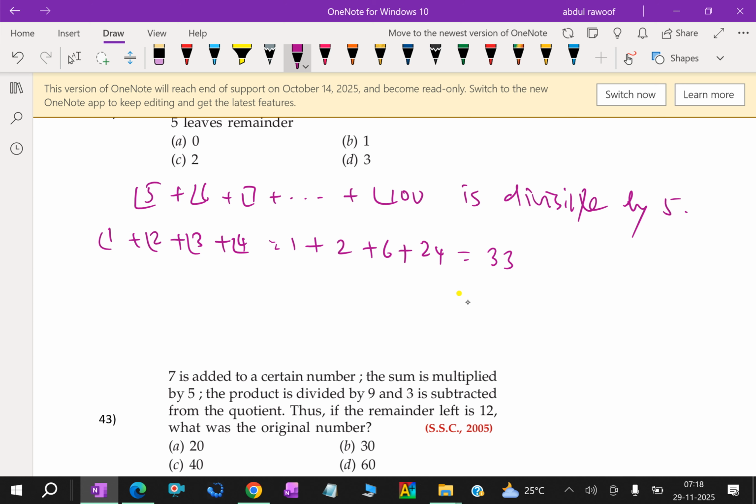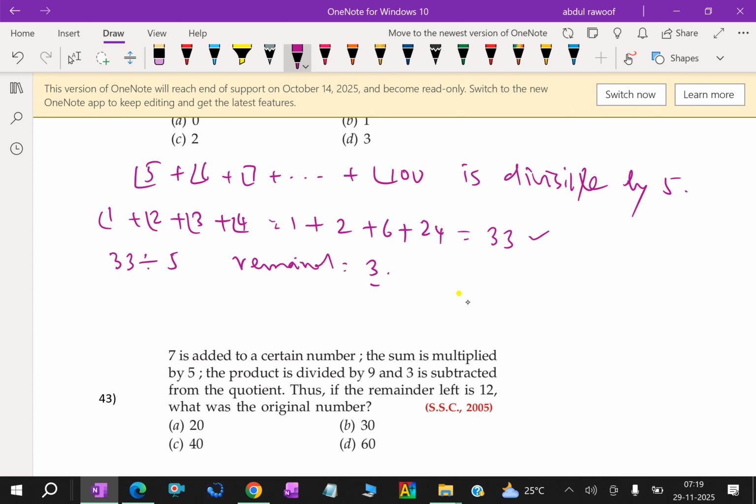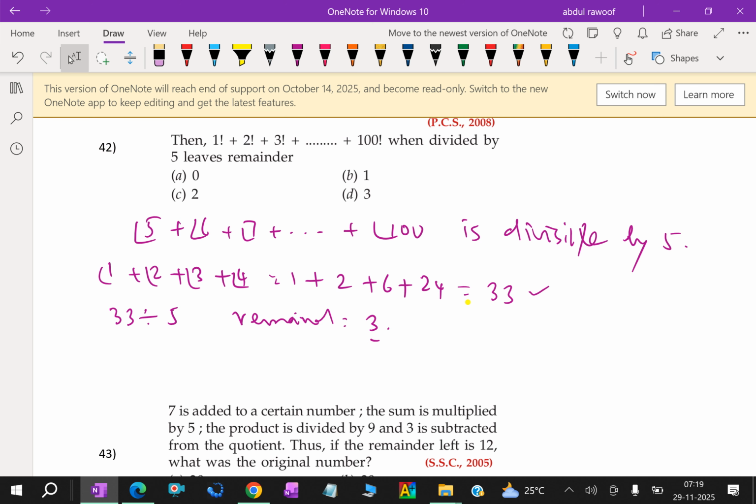Clearly 33 divided by 5 leaves remainder 3. Hence the sum when divided by 5 leaves the remainder 3. So answer is D.